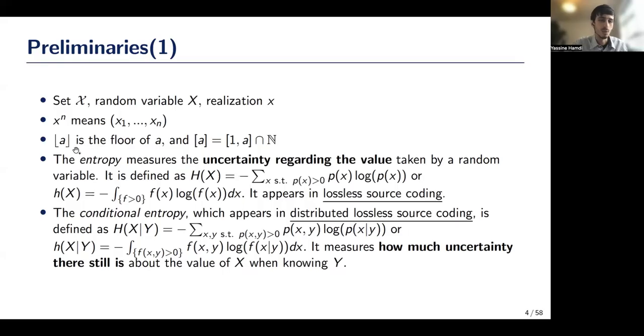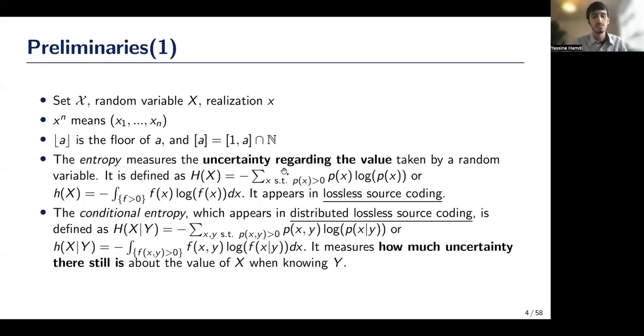Whenever you see this, it's related to a floor. This is the set of all integers from 1 to the floor of A. Anyway, I think this will be clear everywhere.